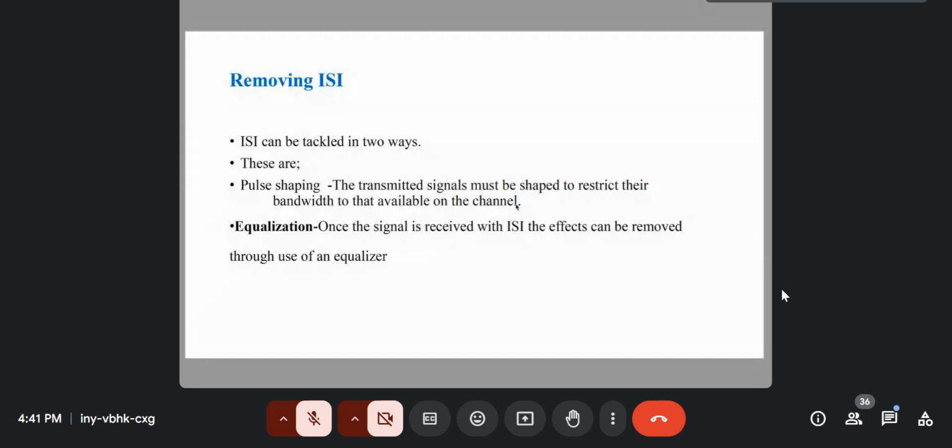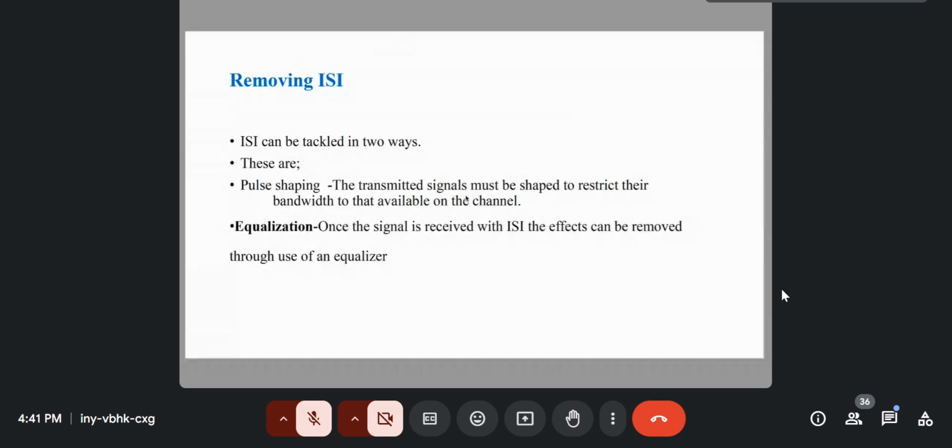What we are going to look at is that you shape and get a pulse that requires minimum bandwidth. And the one that will be the sinc pulse, I think, is not practical.